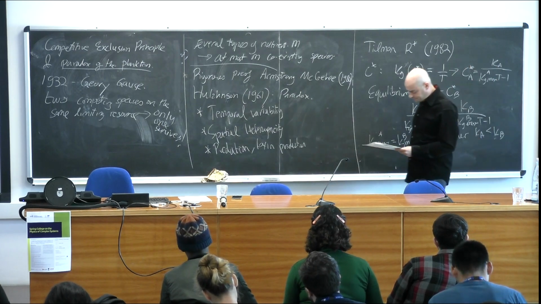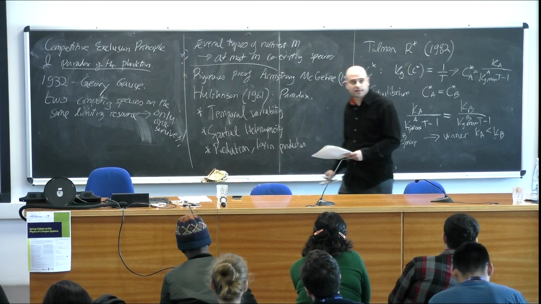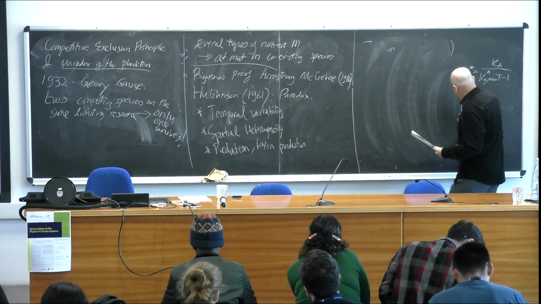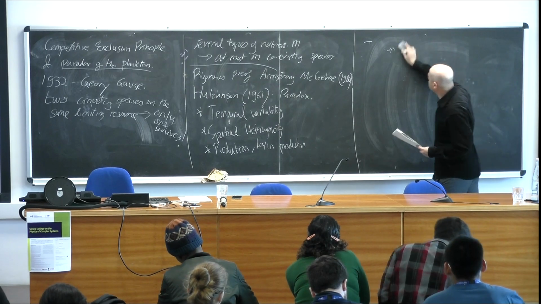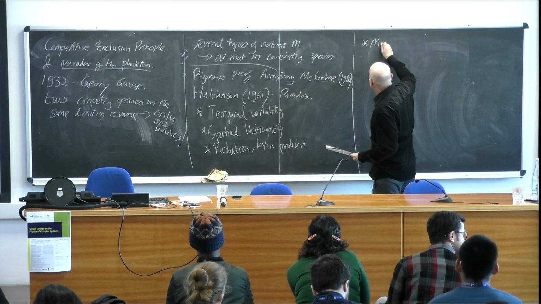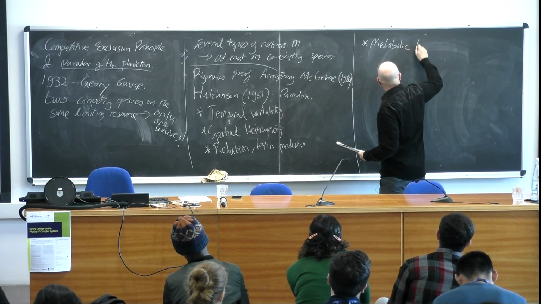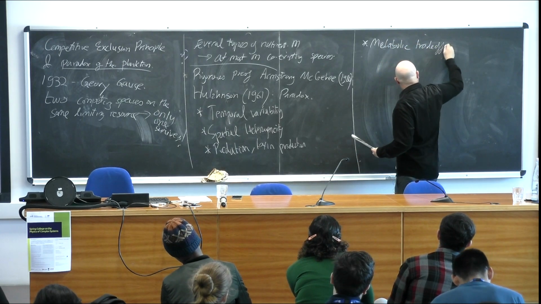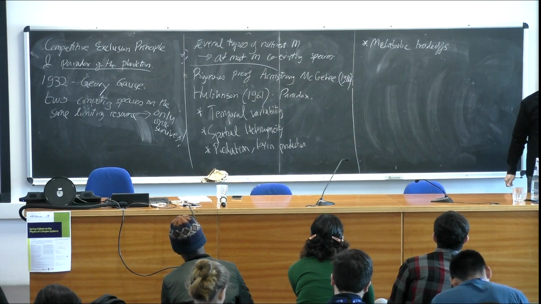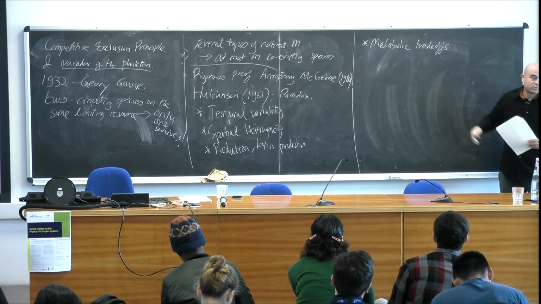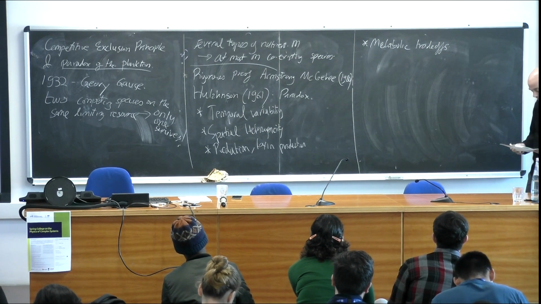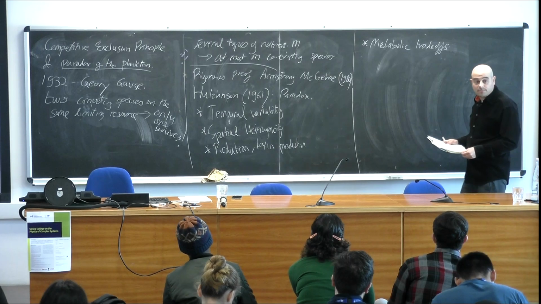And finally, and I'd like to mention this briefly, is the notion of metabolic trade-offs. Okay, and I'm a little bit biased, I have to say, because this relates to work that I did in my postdoc and actually up until today. Right, so what do I mean by metabolic trade-offs?